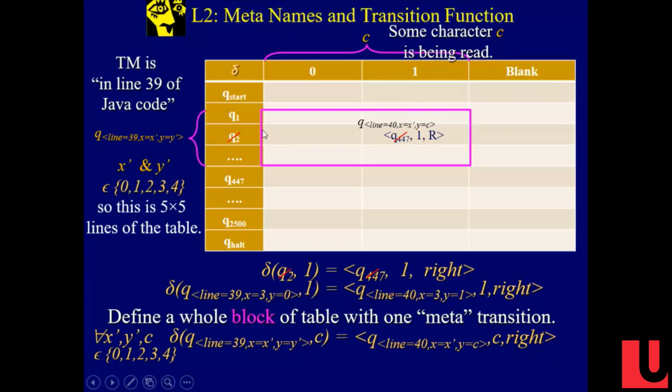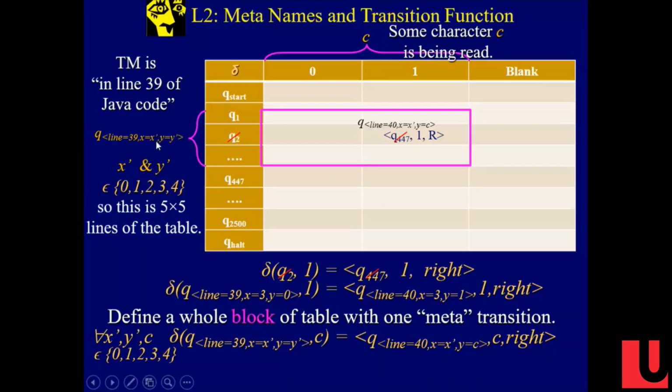I understand that, but right now we're at currently Q2, but then in the command line where it says like Q line equals 39, where I'm looking at Q2, yeah. So Q2 is no longer called Q2. Q2 is now called line equals 39, x equals 3, y equals 0.